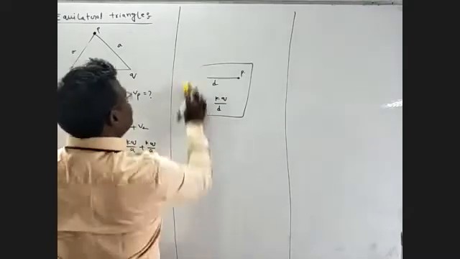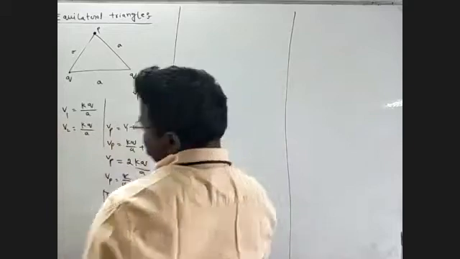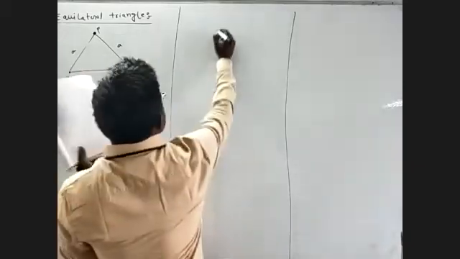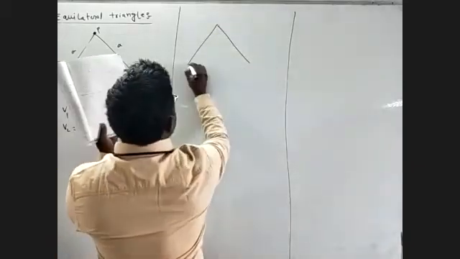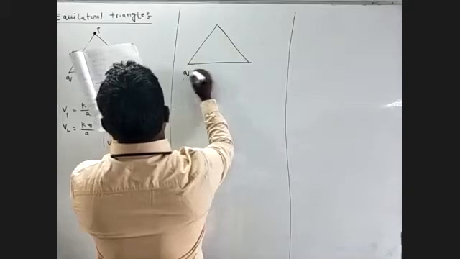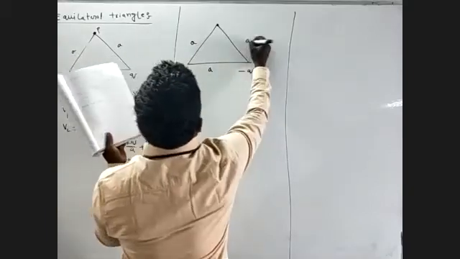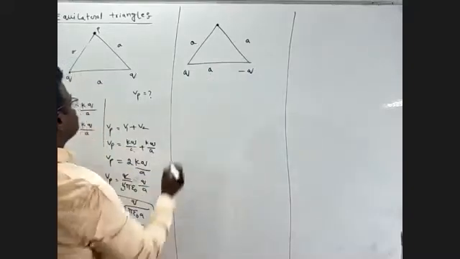Next, the second model. The charges are Q and minus Q, and the distance between the charges is A. At this point, what is the electric potential?